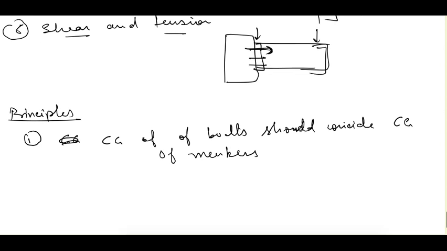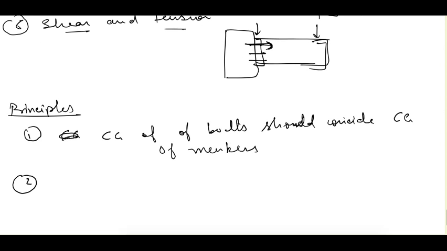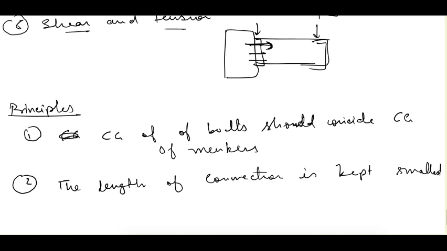The second one is the length of connection should be kept as small as possible.